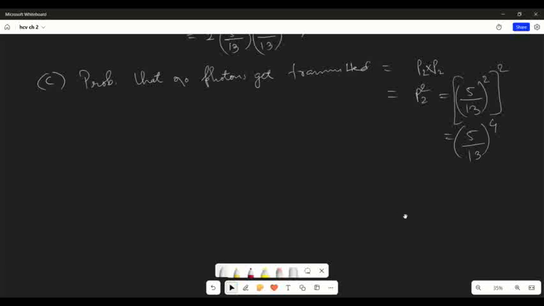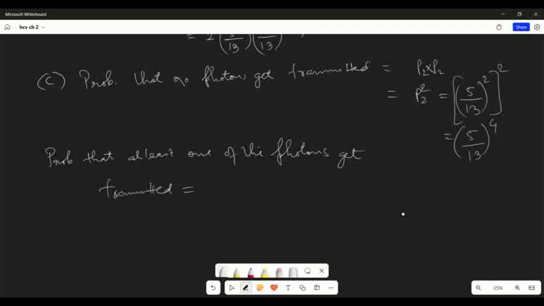So the probability that at least one of the photons gets transmitted will be the total probability, that is 1, minus the probability that no photons get transmitted.